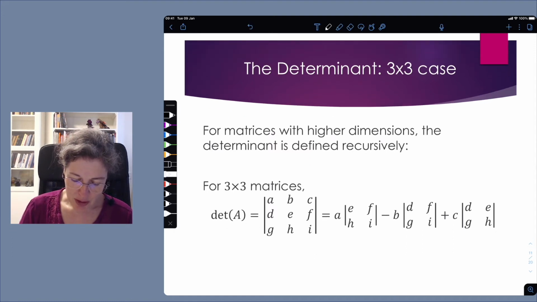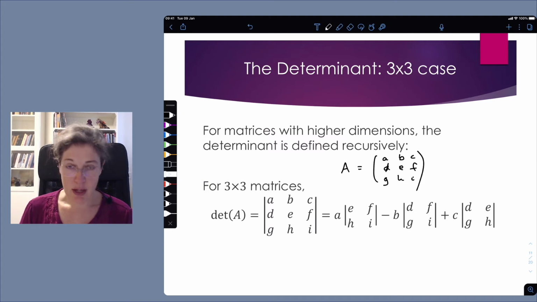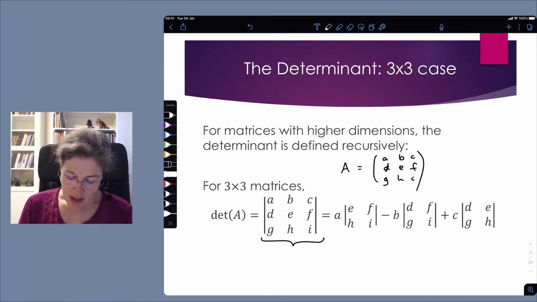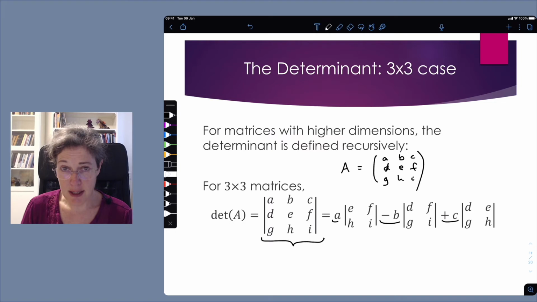So here our matrix A is this big thing here, D, E, F, G, H, I, and we want a determinant of that. Again, this is just writing out the thing that we're going to calculate. Now we're going to have 3 terms because it's 3 by 3 in this case, and we're going to have coefficients on each term, A, minus B, and C. And then we're going to find mini determinants to multiply by.